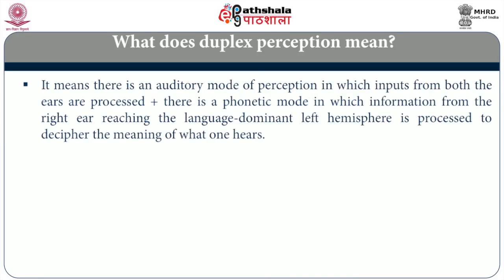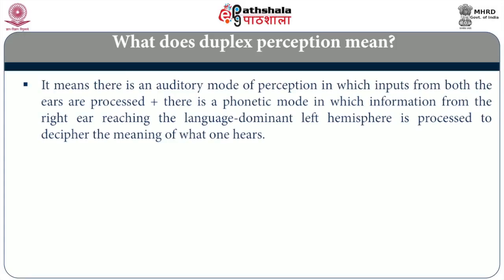What the researchers are saying is, there is an auditory mode of perception for environmental sounds, which the brain receives from both the ears, integrates and makes sense of. But there is a phonetic mode which is language specific, and that information is processed better from the right ear. Why right ear? From the right ear, it goes straight to the left hemisphere.